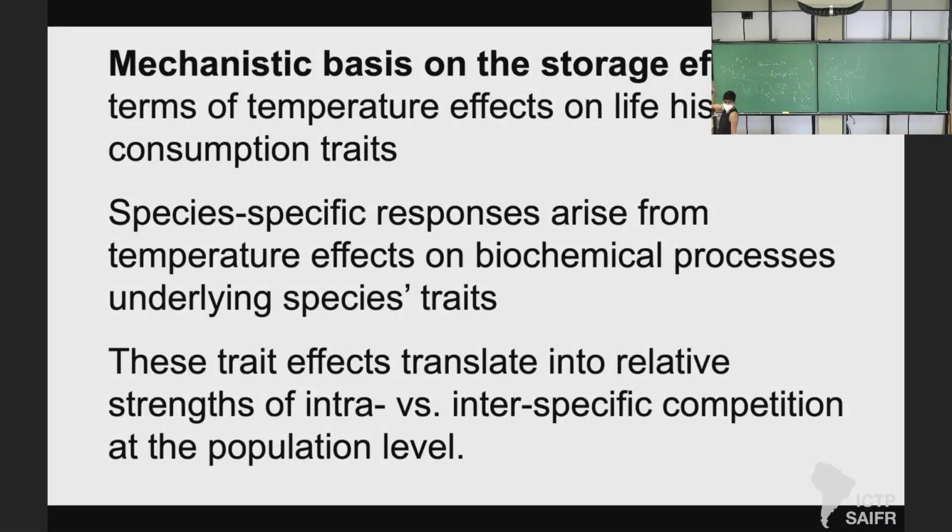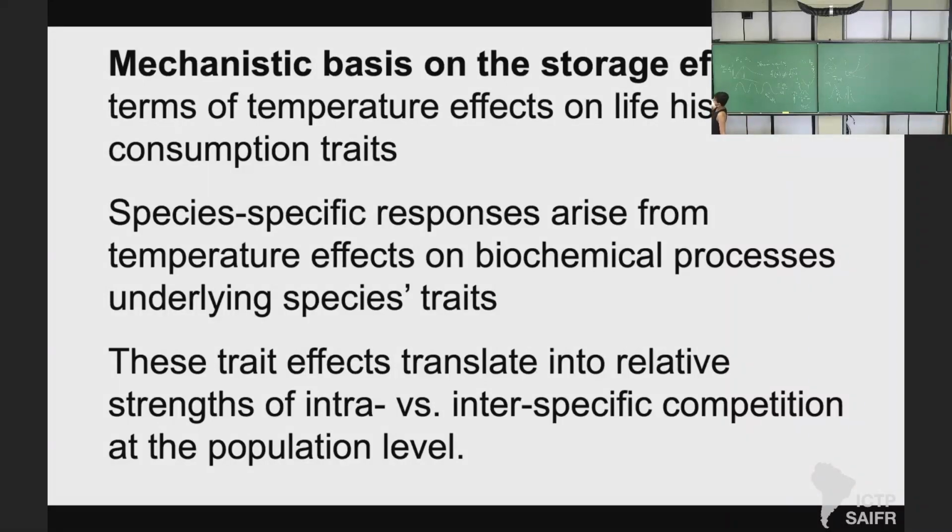So we've actually elucidated the mechanistic basis in terms of temperature effects on the life history traits, mortality rate, and consumption rate. And we can see that the species-specific responses arise from temperature effects on these underlying biochemical processes like enzyme kinetics, enzyme denaturation, neural and hormonal regulation that lead to negative feedback.